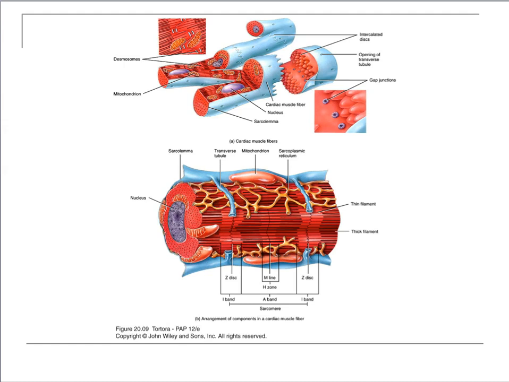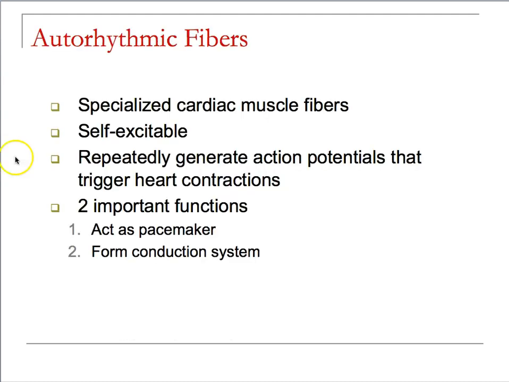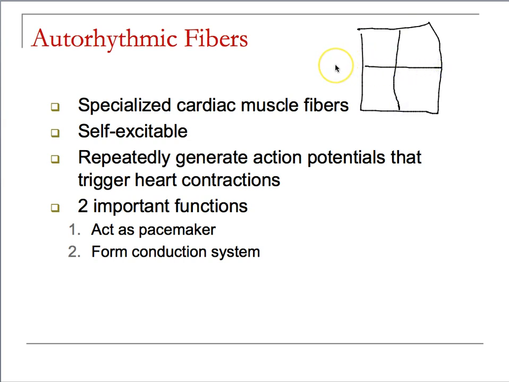Where are we going here? Inside our heart, I'm going to draw a heart for you here. Change color. And here's a heart, right? We have 2 atria and 2 ventricles, and I'm going to let you know that there are autorhythmic fibers inside of the heart, the first of which is the SA node, which is the sinoatrial node.